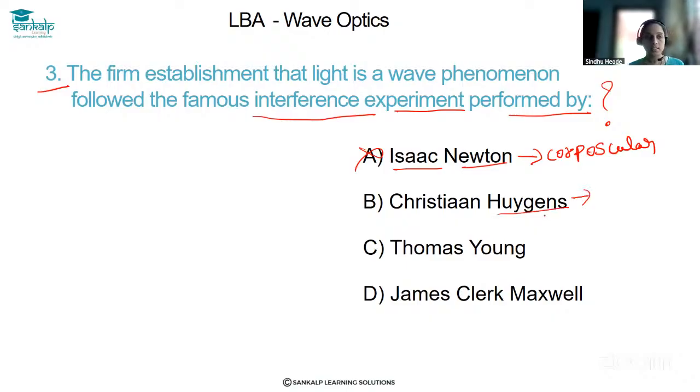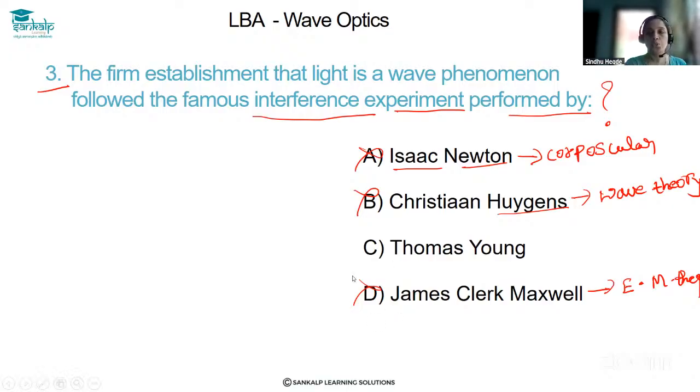Huygens actually gave the wave theory. So this also does not match. And option D tells James Clerk Maxwell. Maxwell gave the electromagnetic theory. So option D is also wrong.